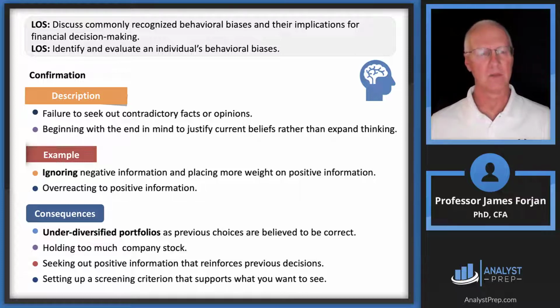Look down at the second bullet point under example, overreacting to positive information. One of the first articles that I read when I was in graduate school that threw a little bit of a hammer into the efficient markets hypothesis was this academic journal article that was really cool that said that investors tend to overreact to negative information and underreact to positive information.